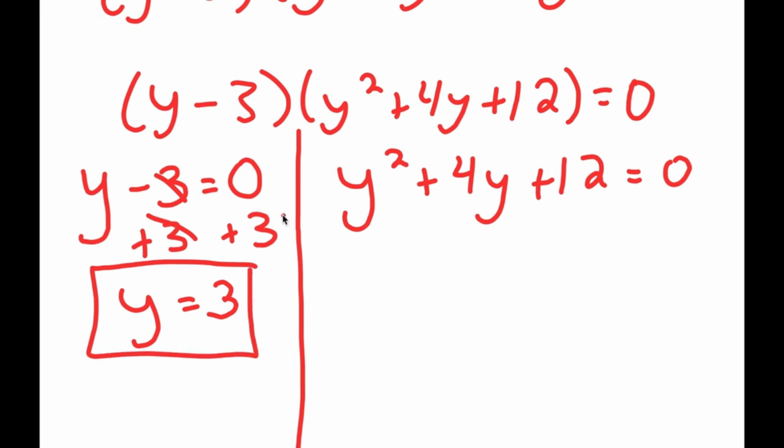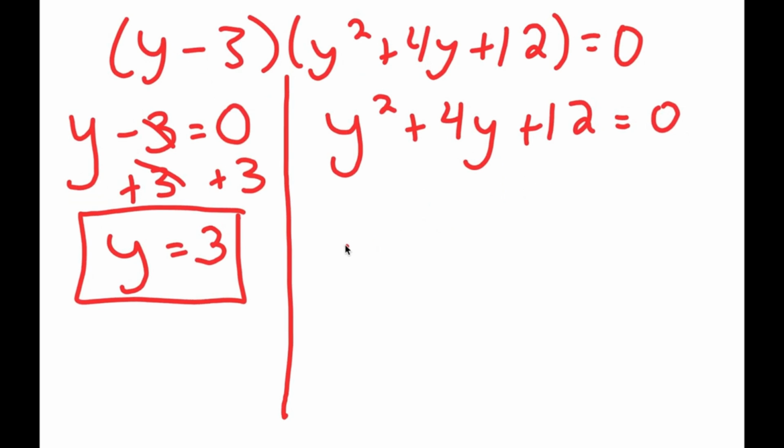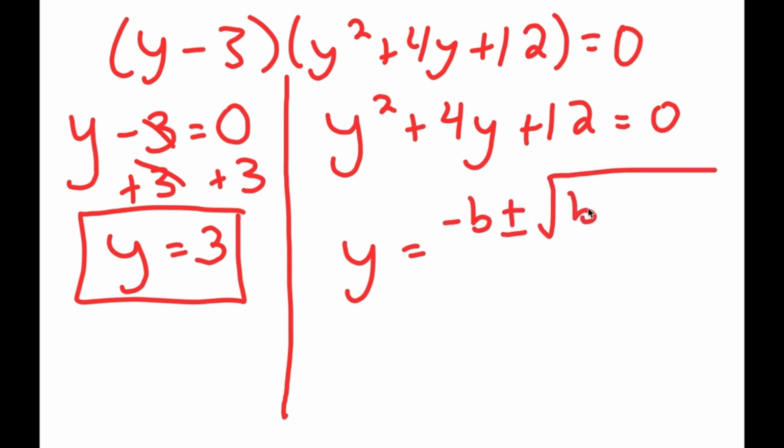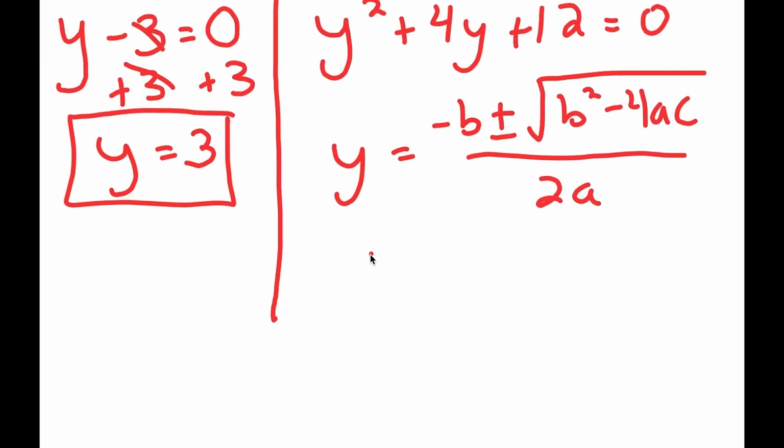Now, for y squared plus 4y plus 12 is equal to 0, what I can do to solve this, because it's a quadratic equation, is use the quadratic formula, which is negative b plus or minus the square root of b squared minus 4ac all over 2a. So in this case, a is 1, b is 4, and c is 12.